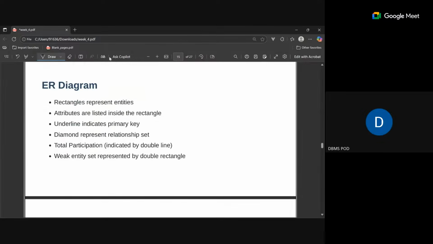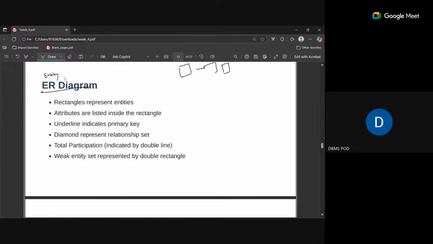Now come to the important part, which is really important not only for exams but if you want to design some schema: the ER diagrams. The ER diagram is nothing but an entity relationship diagram. You consider an entity as a table, and in between you define some relationship.